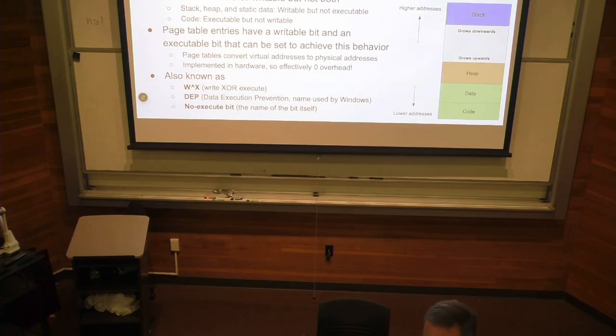That mapping data structure has space for an entry that says here's what operations are allowed on this page. One of the bits that can be set for a page says it's okay to execute code from this page, or it's not okay. So when the CPU goes to an address, it looks up that mapping and checks whether the page allows execution.